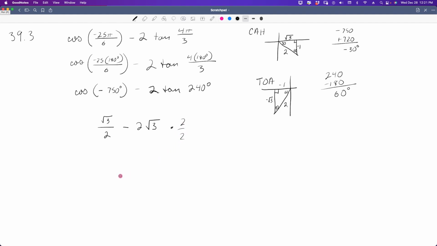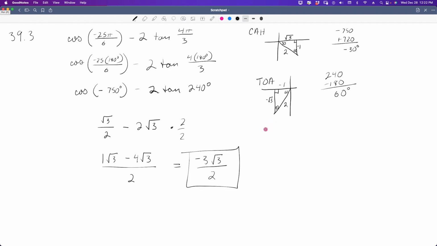So we end up with the square root of 3 minus 4 times the square root of 3 over 2. There's an invisible 1 here. They both have the same radical base, so we can actually subtract. So our answer is going to be a negative 3 times the square root of 3 all over 2. Easy peasy. That was not so hard.